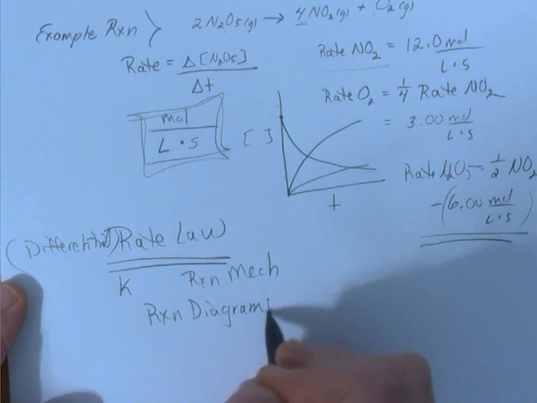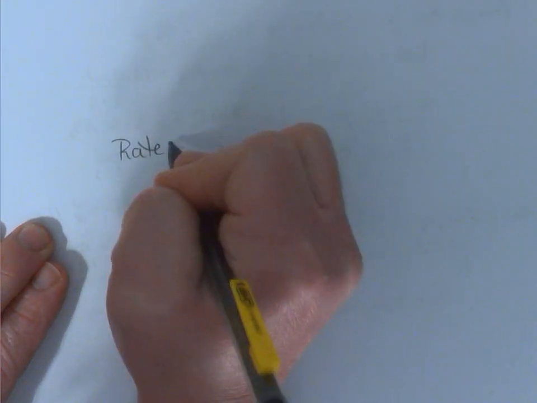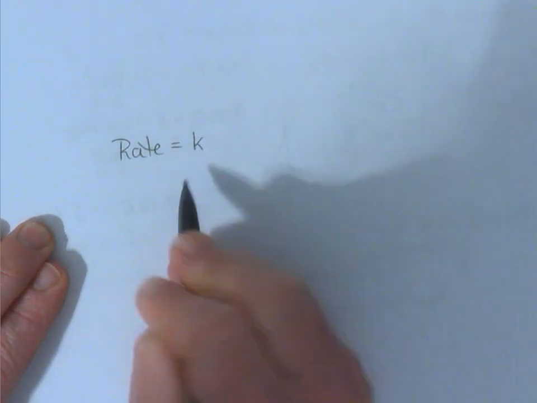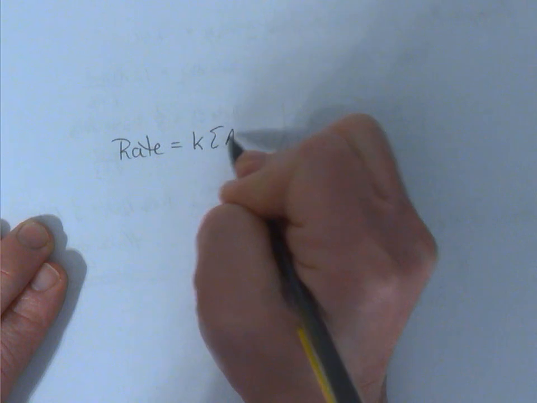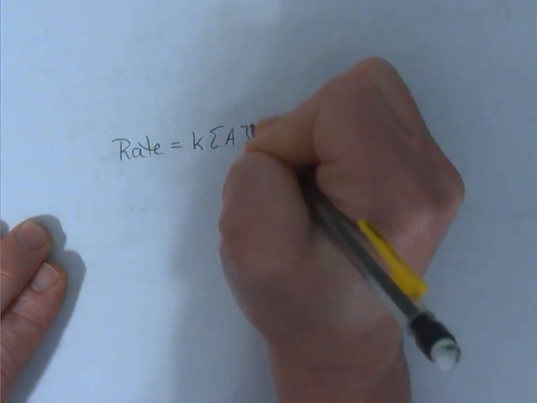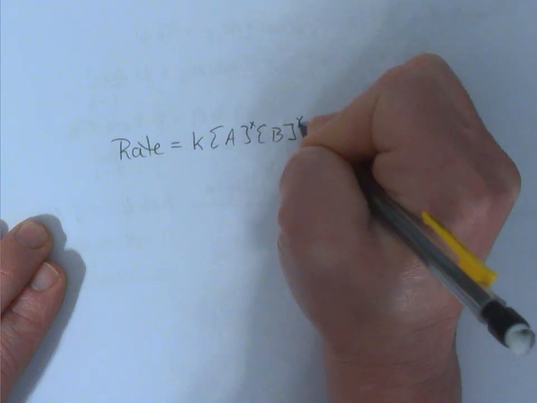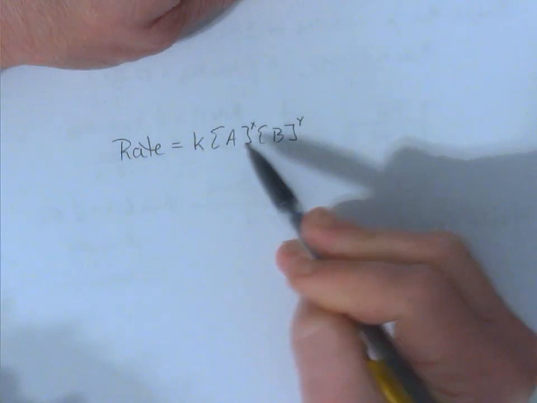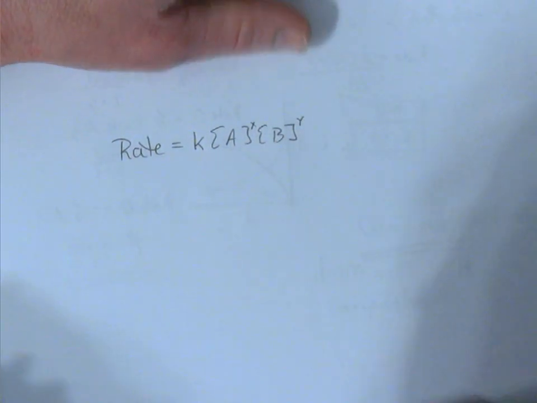So, if you're ready, let's remind ourselves about the differential rate law. So that is rate is equal to the rate constant times your reactant or reactants, and they're raised to a power that reflects the order of that reactant.